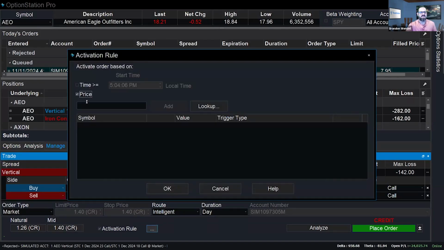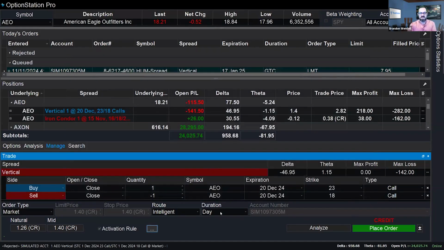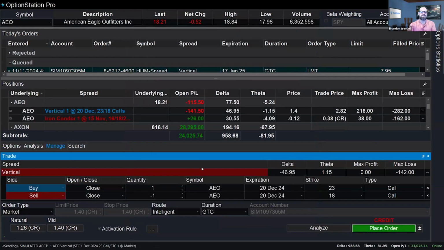I want to get out if the underlying security, AEO, and I'll just hit it twice, change to or, if we hit our target of 23 bucks and we can protect ourselves, or if we go down to $17, which is where we would lose 1/3 of our potential profit. Good till cancel, place order. Yes, I place the order.